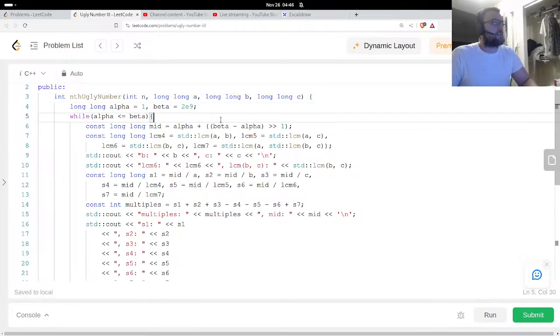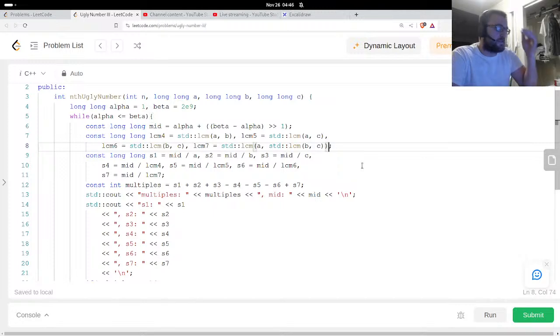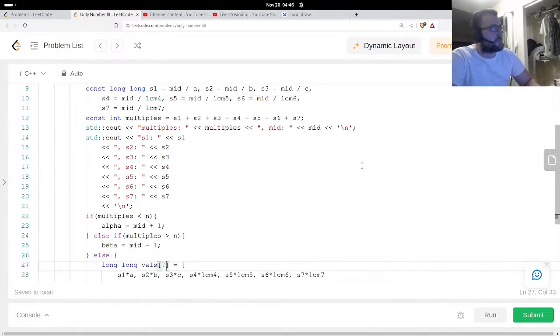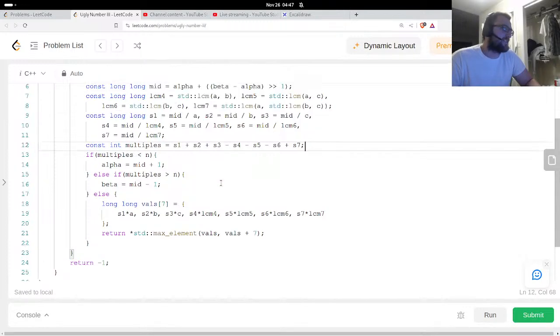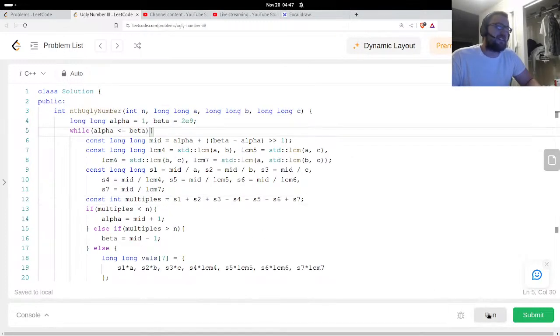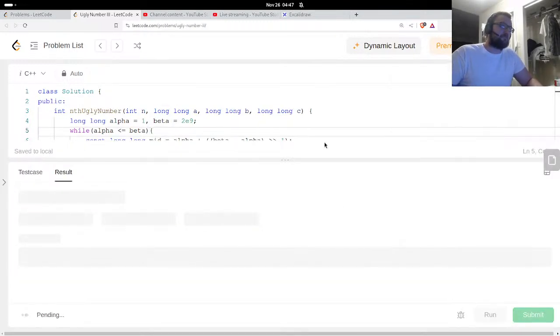Gotta be kidding me. Yeah, it's annoying. Okay. Sucks. That's really annoying. I see why this has such a low acceptance rate. I see the problem.